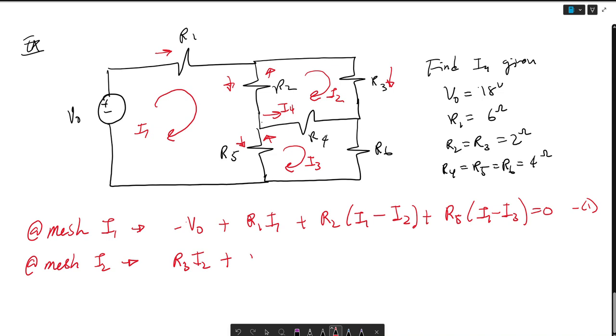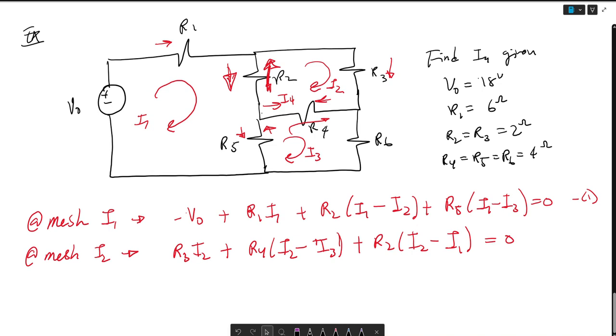And then plus R4 I2 minus, because it's going into I4, but then it's being opposed by this I3 coming out, minus I3, plus R2 times I2, because it's going into I2 again here, but then being opposed by this I1, so minus I1. And then I say this is equals to 0.